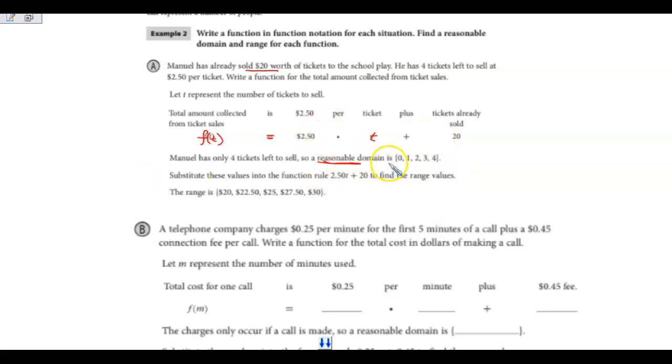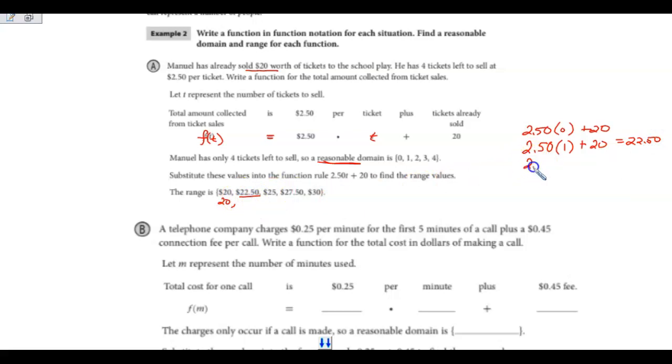And so if it's 0 tickets, I am going to have just $20. So there's my 20. If I have 1 ticket, I'm going to have $22.50. And so that's this one.